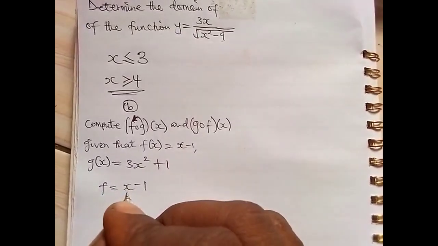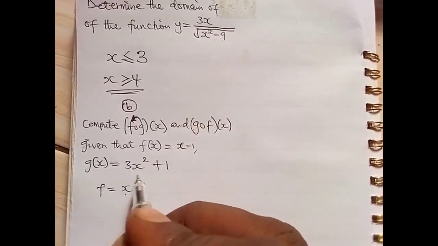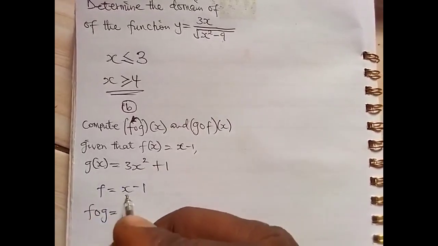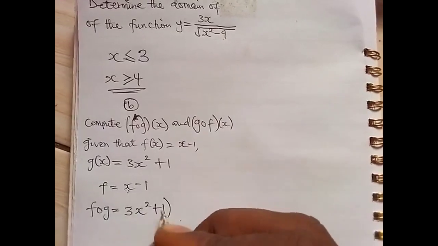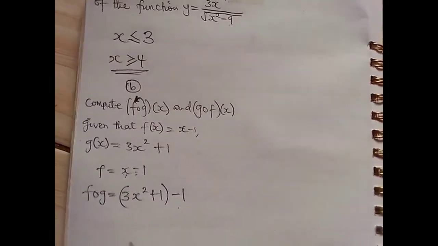So since here is f, we're going to substitute it for the value of g. So for f of g, instead of x, we'll say 3x squared plus 1. Then the remaining part of f is minus 1. That's what it means, f of g.